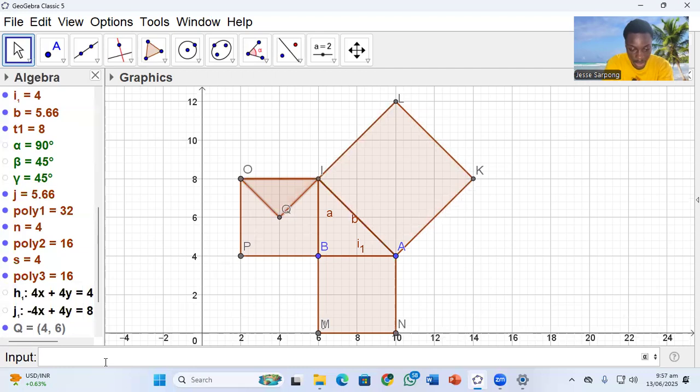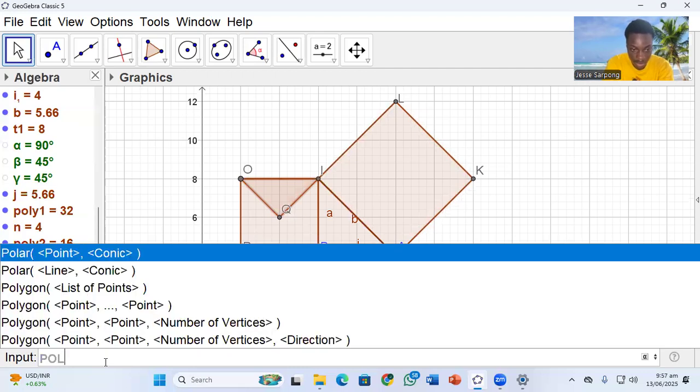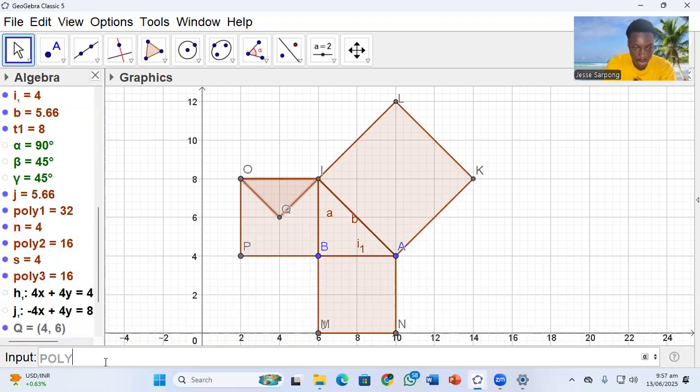Now I'll do another one. Polygon, list of points, Q, comma, I, comma, B. This is the next one I have.